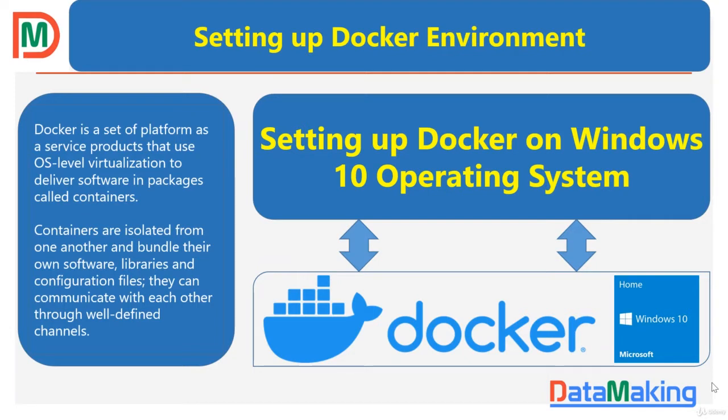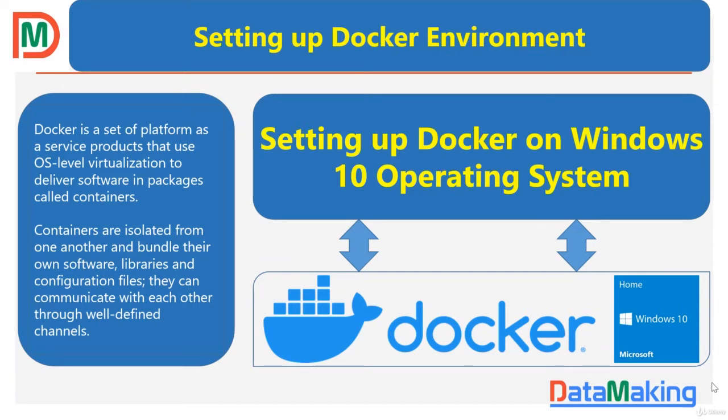So let's understand what Docker is. As the definition says, Docker is a platform as a service that provides OS-level virtualization to deliver software in packages called containers. Docker will provide you containers, and a container is an isolated environment. In that container, you can have your own certain versions of software for a certain application.